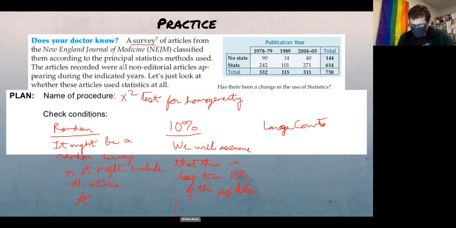And then right here in parentheses, but it might be the entire population. That's a big jump, isn't it?